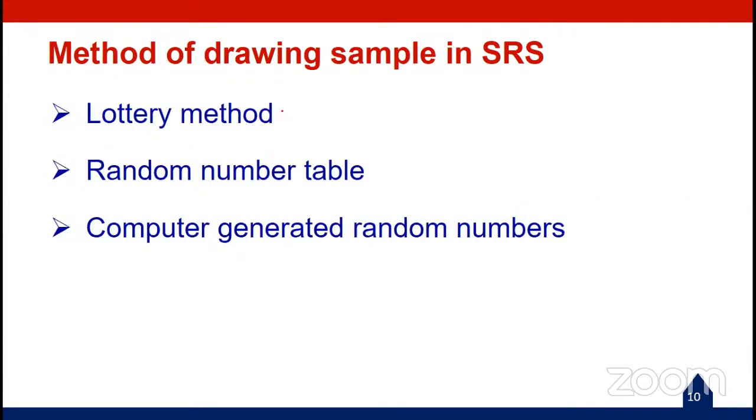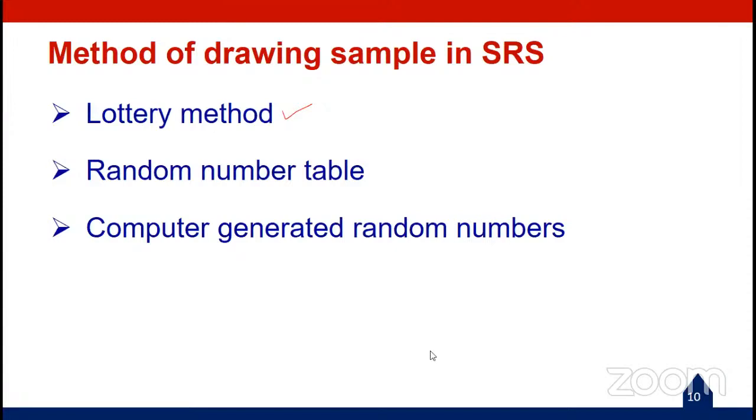The first method is the lottery method. In the lottery method, with respect to our particular example, we will make 250 chits, and we will identify each of the sampling units with some identifier. It may be any identifier. Either we can assign 1, 2, 3, 4 up to 250, or we can use their mobile numbers, whichever.